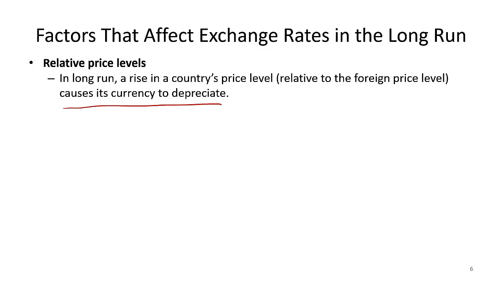If US prices are going up and the British prices are the same, which essentially means that in the US we will not buy many of our products because they're very expensive. So as a result, there's a decrease in demand for US goods, which essentially means that our currency has to depreciate or lose value. That means the British pound should be able to buy a lot of our currency.